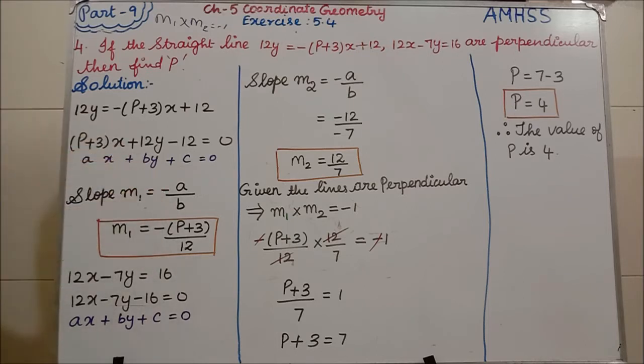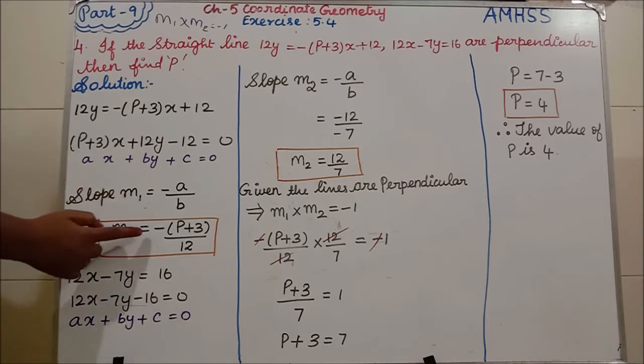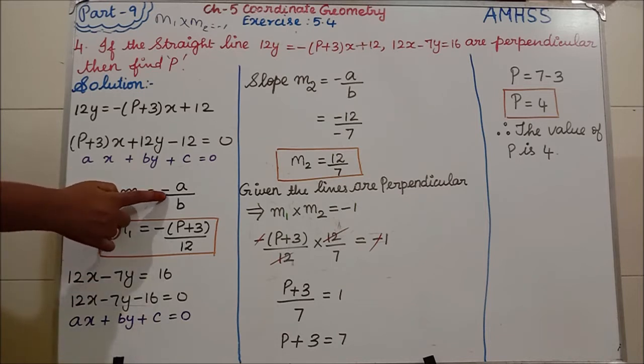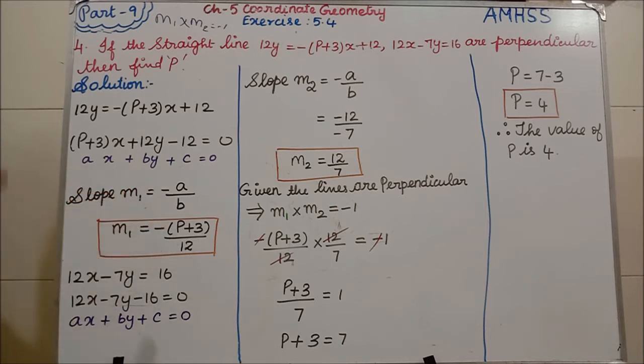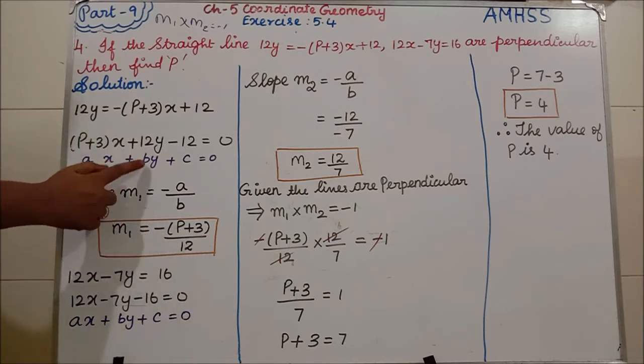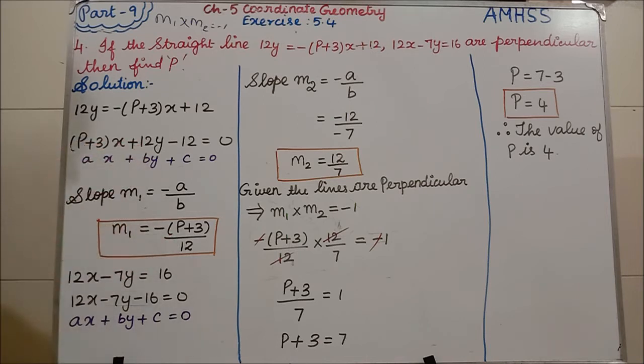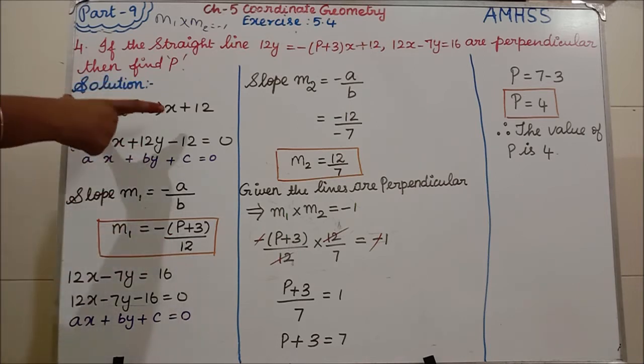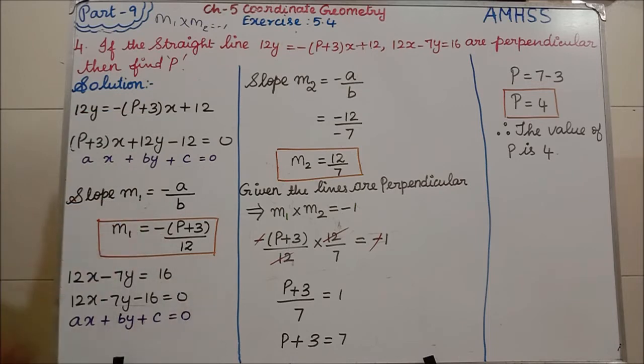Otherwise, a by b you can say as the coefficient of x divided by the coefficient of y. Now, m1 is equal to minus, in the formula itself we have minus. A is p plus 3, divided by B, which is 12. Using the first equation, I have got m1.